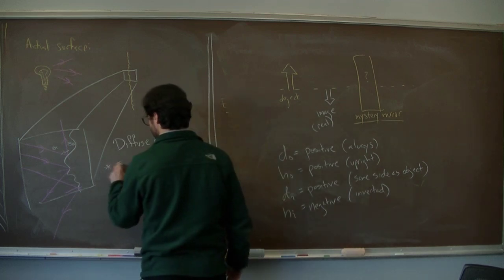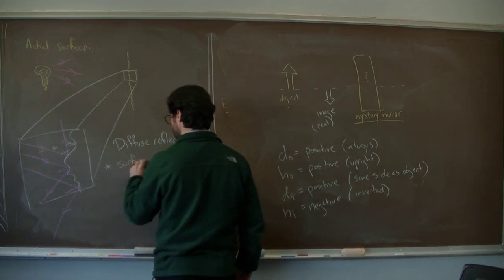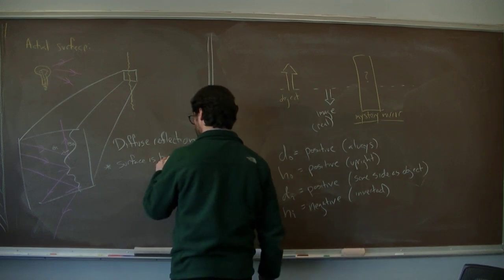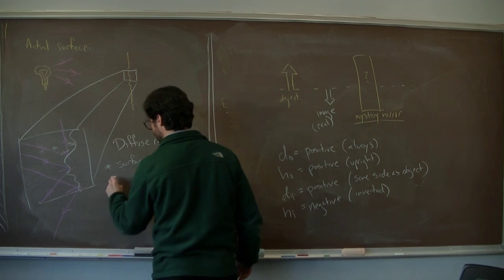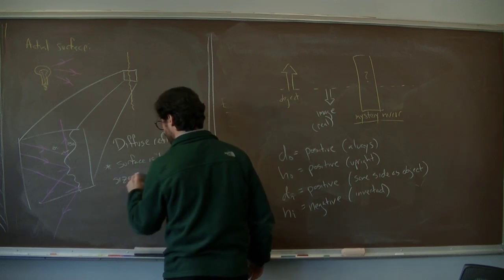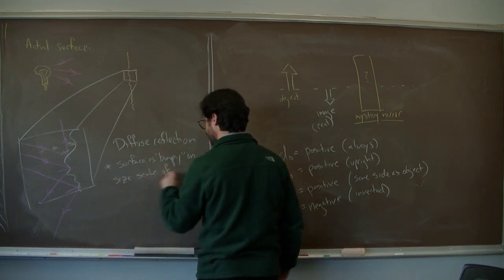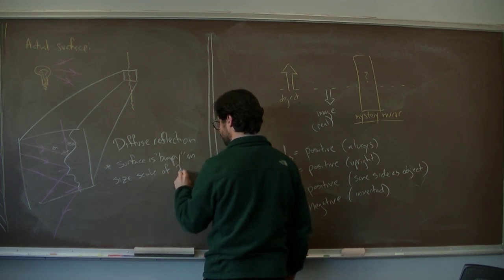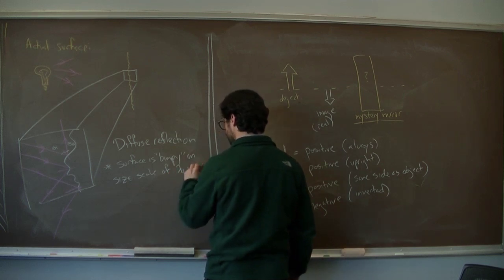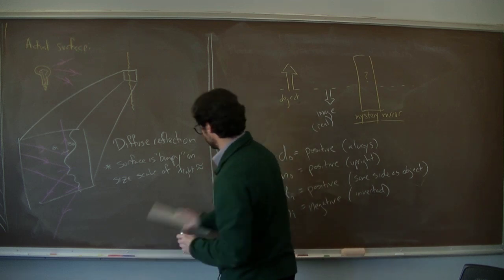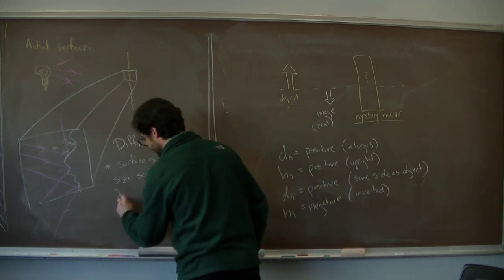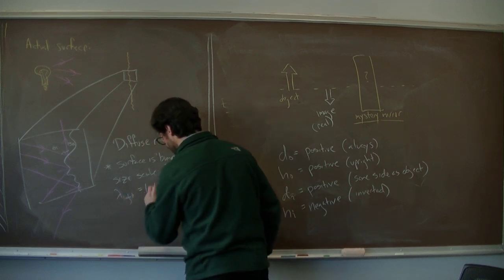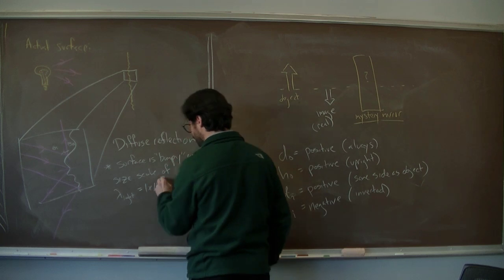And again, if you remember the introductory discussion, the wavelength of visible light is, roughly speaking, 1/10 of 1 micron.